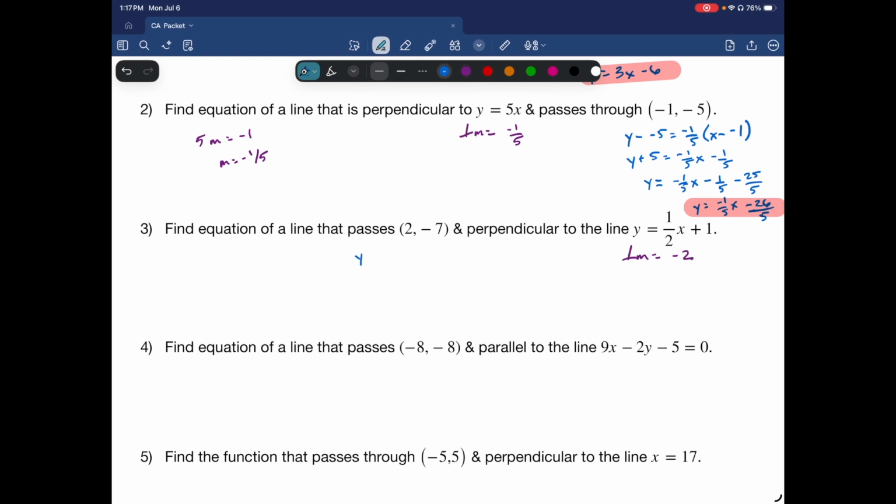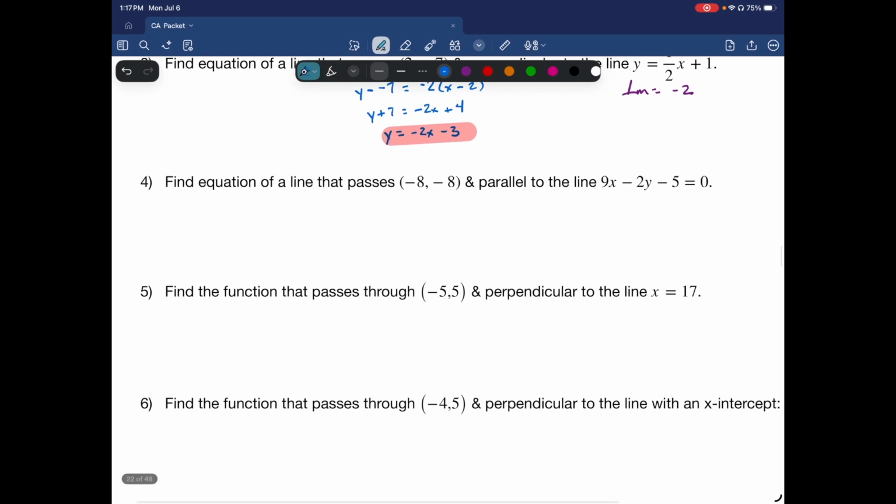And so I get y minus -7 equals -2 times (x minus 2). So that's y plus 7 equals -2x plus 4. Subtract the 7, you get -3. So y equals -2x minus 3 is my equation here.